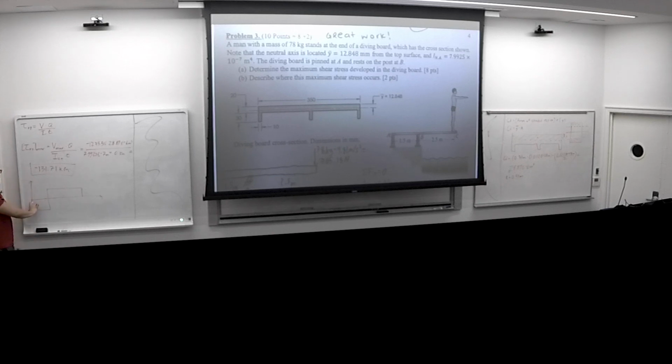This was the higher magnitude value, so we know that the maximum shear stress for answering part B for where it's located is, first of all, in between A and B, on the board, so anywhere from here to here.